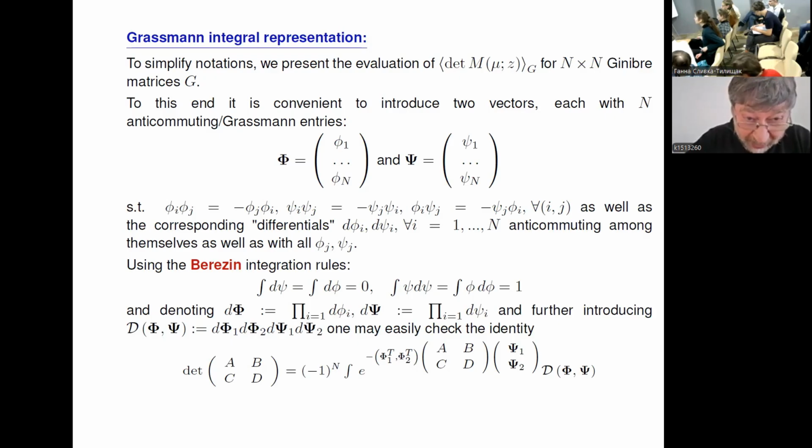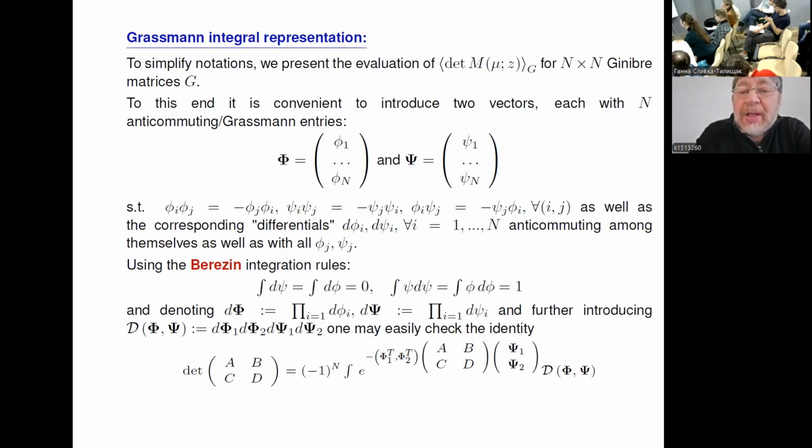One vector I will call phi, with entries phi_1 to phi_n, and its counterpart will be psi with entries psi_1 to psi_n. All entries are Grassmann or anti-commuting variables. Within each vector they anti-commute, phi's between themselves and psi's between themselves. They also anti-commute between the two different vectors, phi and psi.